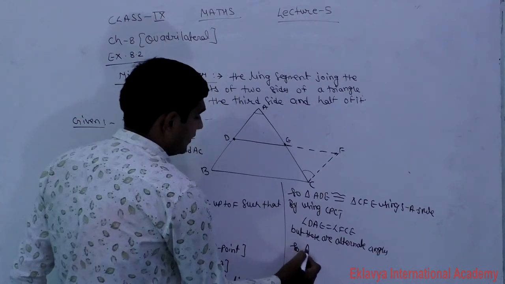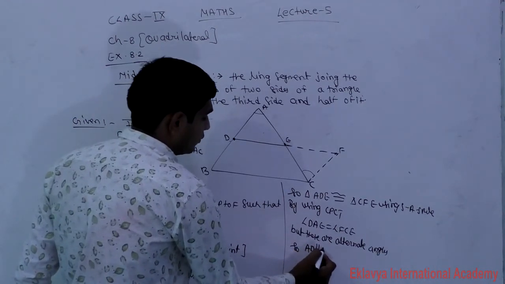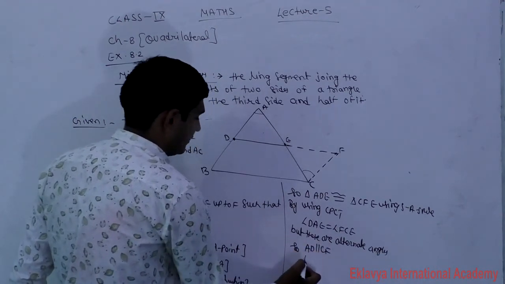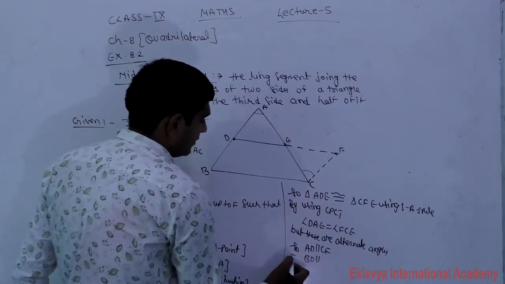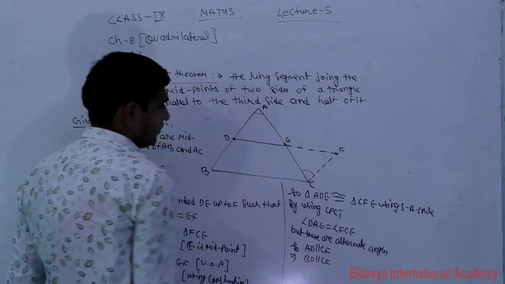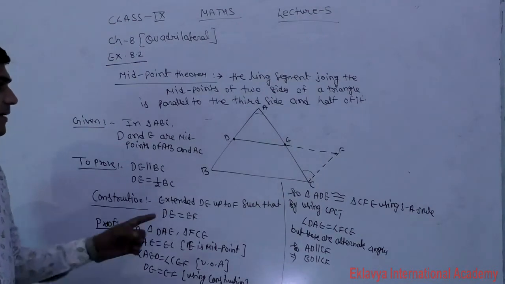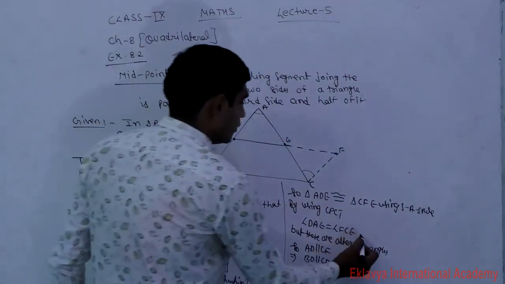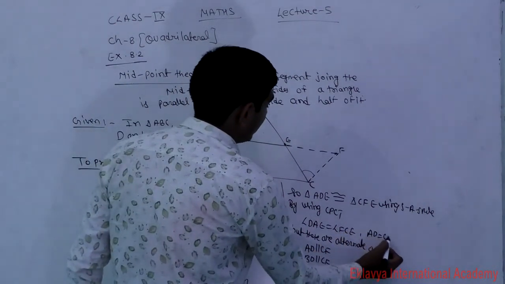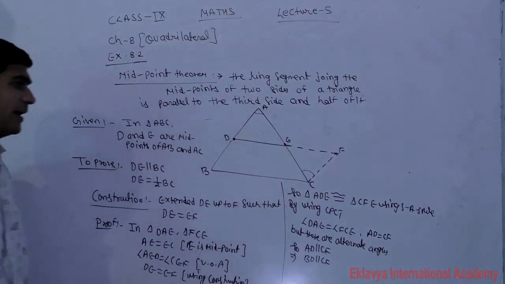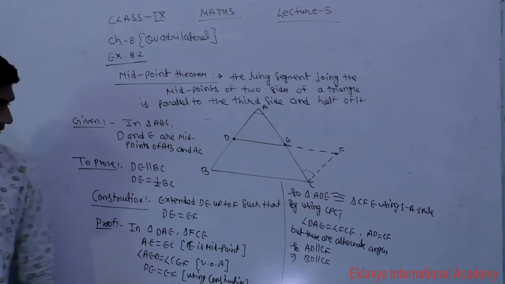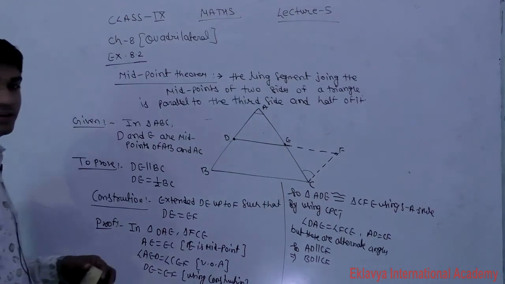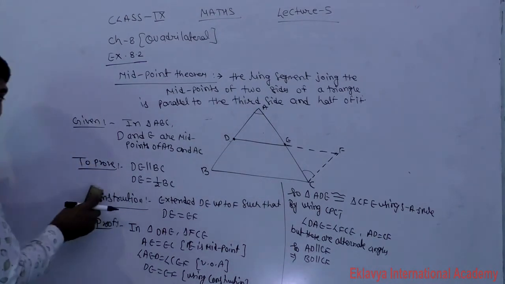So AD is parallel to CF, meaning that BD is also parallel to CF. BD किसके पैरेलल होगी? CF के पैरेलल होगी, और CPCT से AD CF के इक्वल भी होगा. So if BD is parallel to CF, does that form a parallelogram or not?